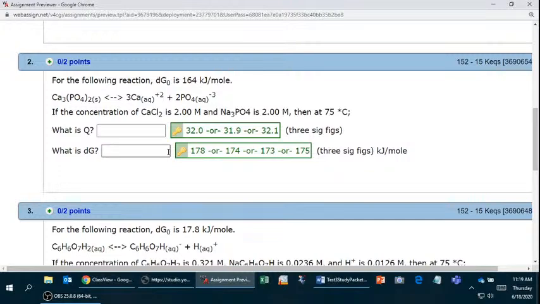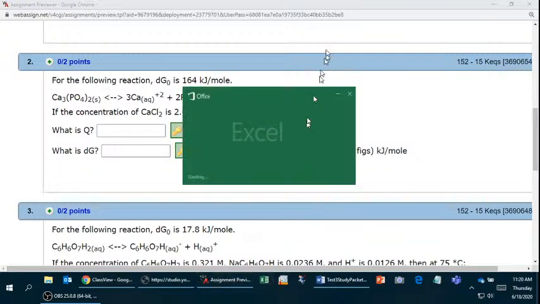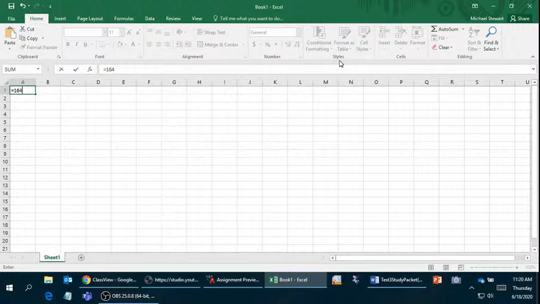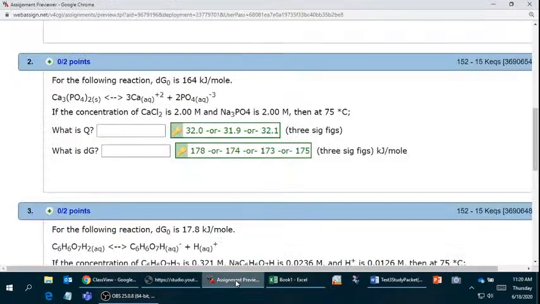So let's see what that ends up being. I get 174. It looks like 174 here, so I'd agree with the key on this one.